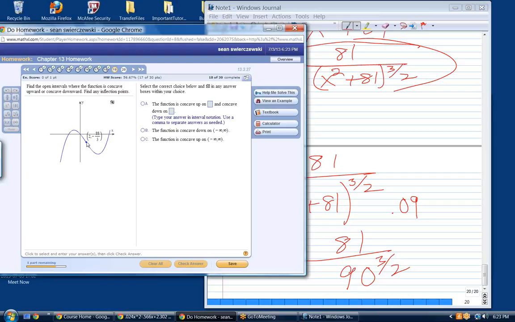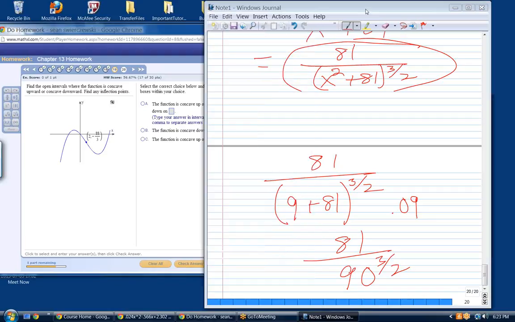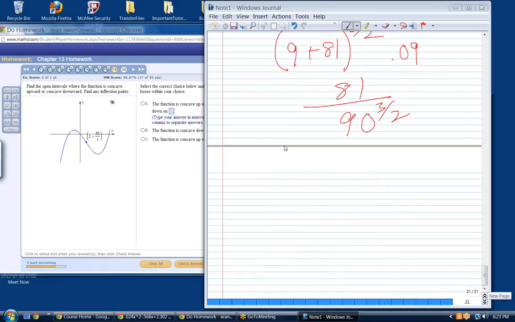So if this is our second derivative function, that's going to be on the 0 line. And that point is 2 comma minus 88 thirds.